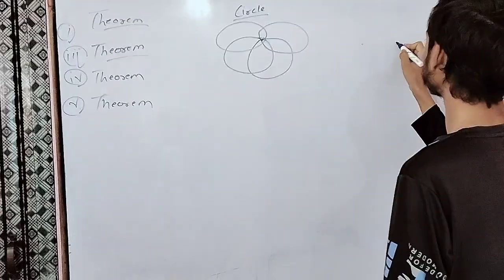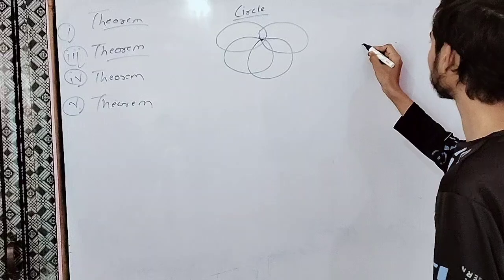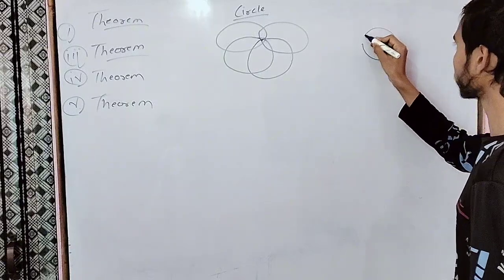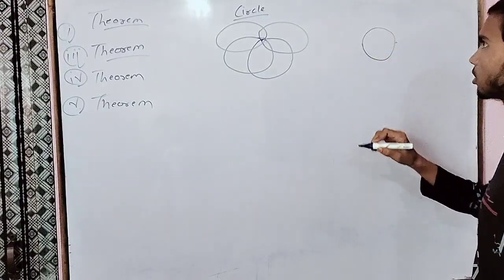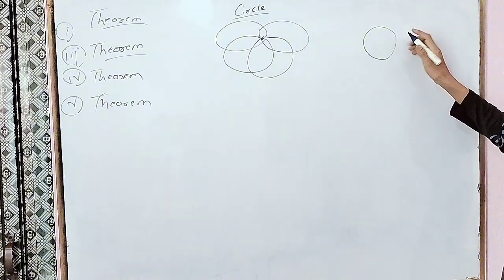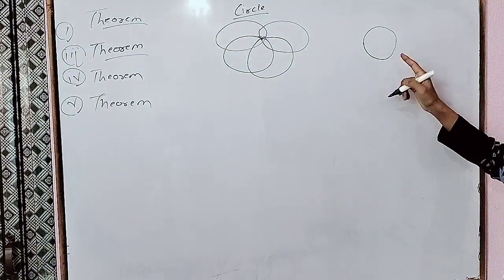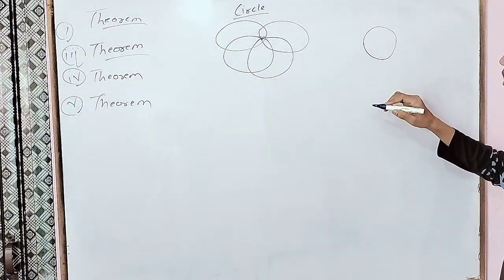Now, what about 2 points? Of course, only one circle can pass through these 2 given points. Only one circle, nothing else.